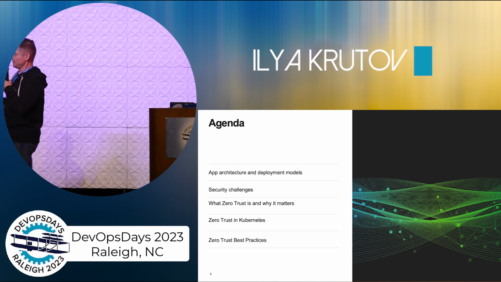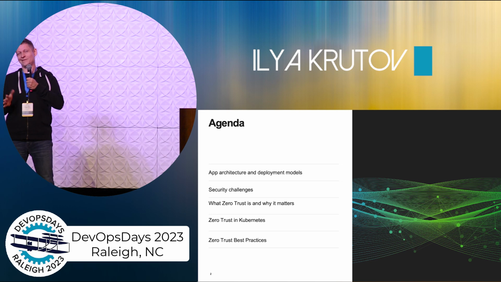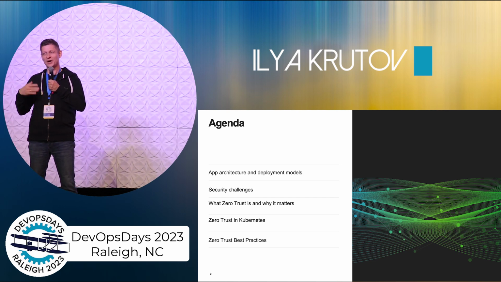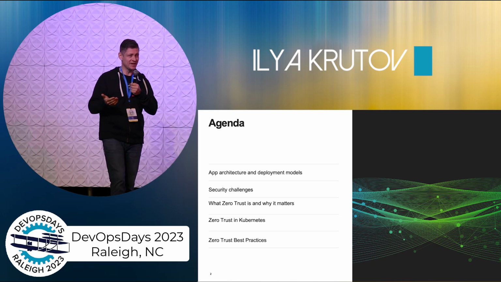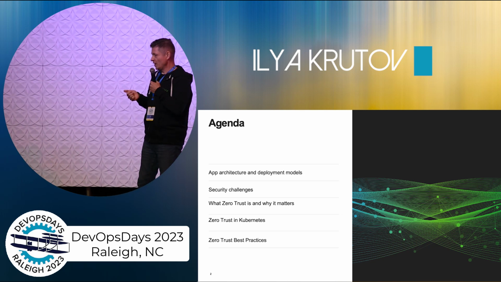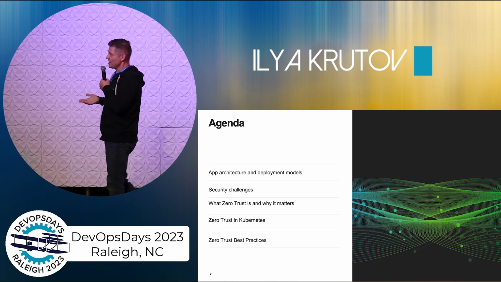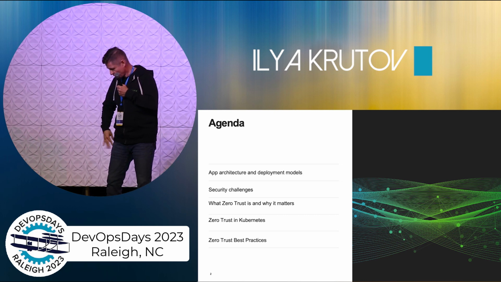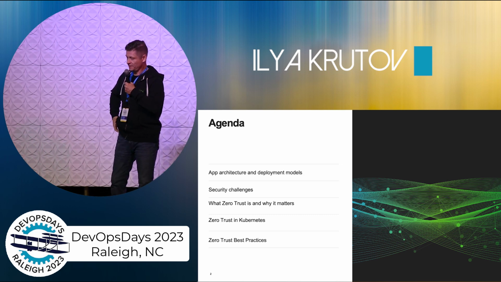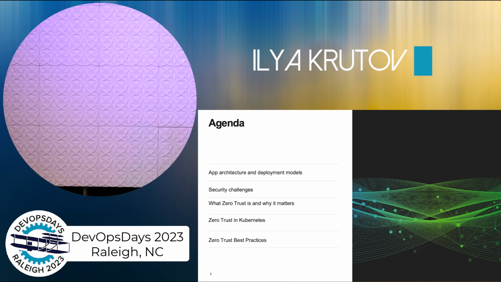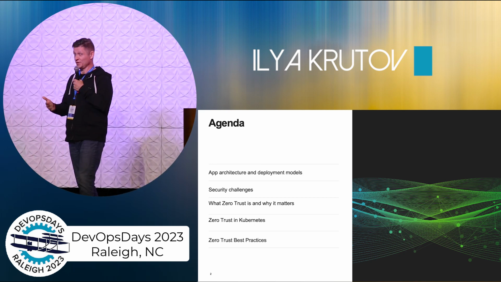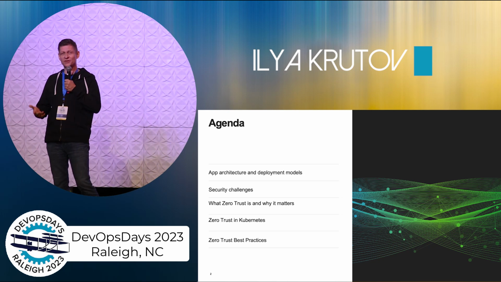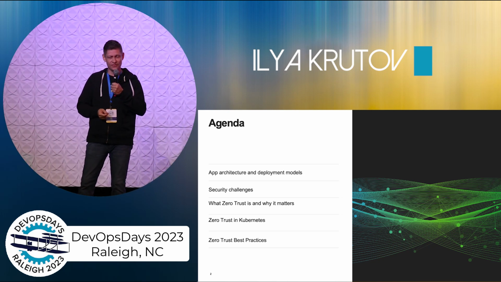What we're going to talk about is a little bit of introduction, but I think we all know about that: how things are moving forward, how they are transforming, and what the security challenges associated with that are. Then, what zero trust is and why it matters in our current modern environment.